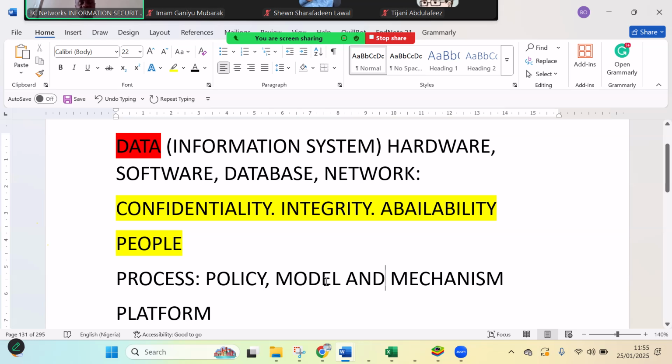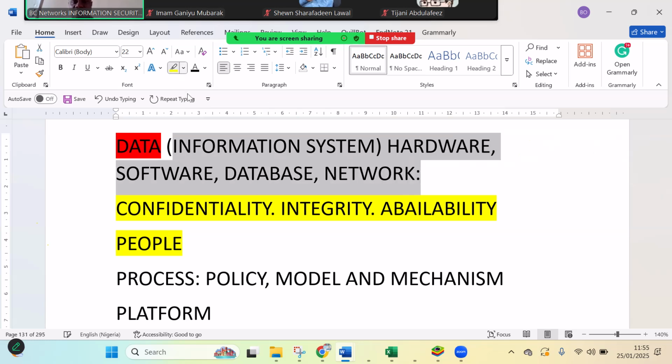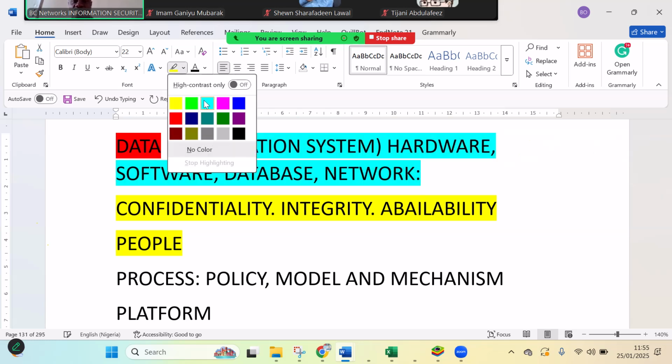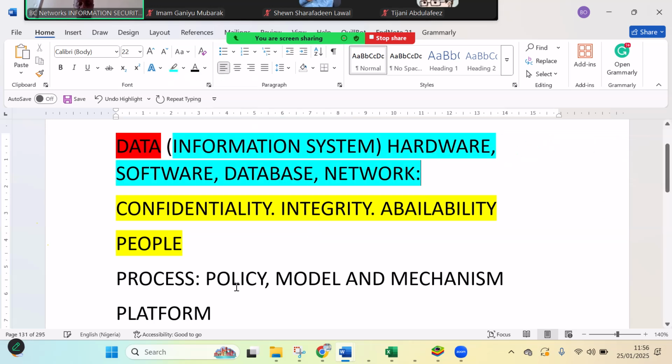Now, why policy? We said it is in the form of an abstract documentation of how people should be engaged with all these information systems. That is the policy. When you are using the software, the policy states that it must be updated periodically.